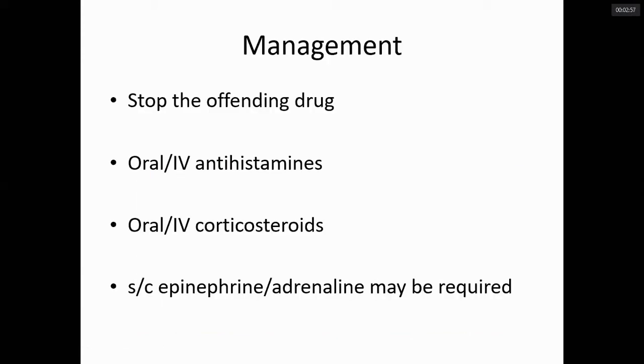Now the management of drug-induced urticaria. First of all, in all adverse drug reactions, we have to first stop the offending drug. It is very important. And according to the severity, we can give either oral or IV antihistaminic. There are two generations of antihistaminics, first generation and second generation.